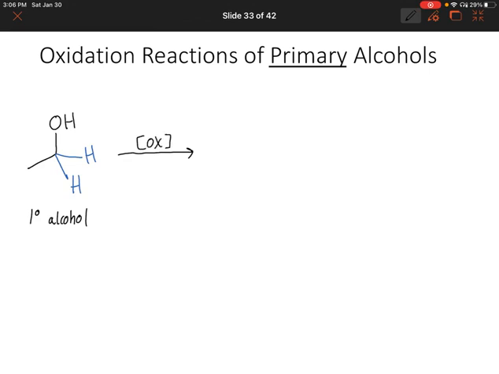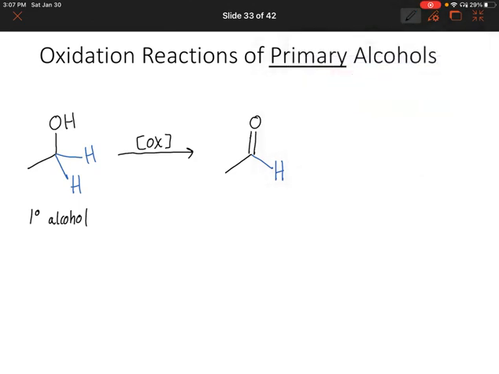What would our product look like? So like we saw on the previous slide, the alcohol would turn into a carbonyl group. All right, and that actually involves the loss of a hydrogen. So after this oxidation step, we would only have one hydrogen left.